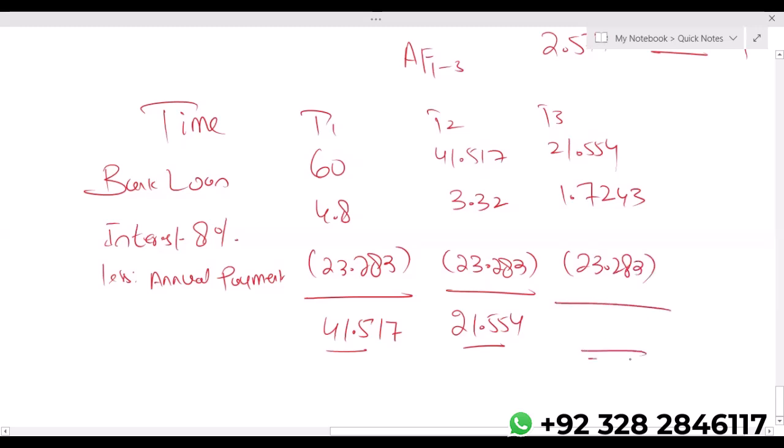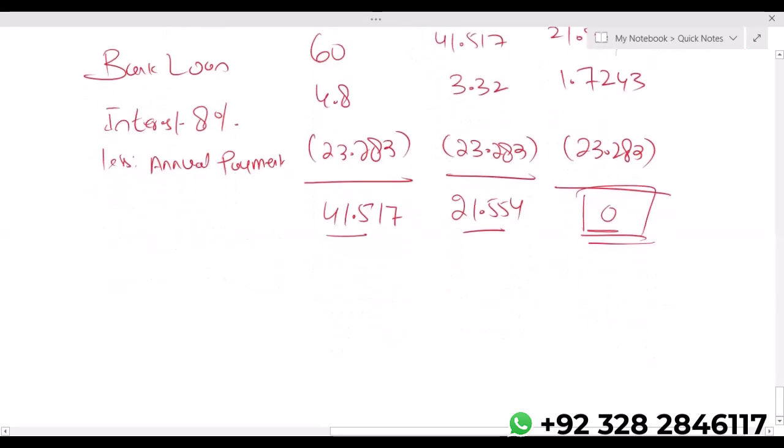Approximately your answer should be 0. If there's a little difference, it is 100% acceptable. Let's see how much difference we are getting: 21.554 plus 1.7243 minus 23.283. So students, the difference is negligible. You can check.